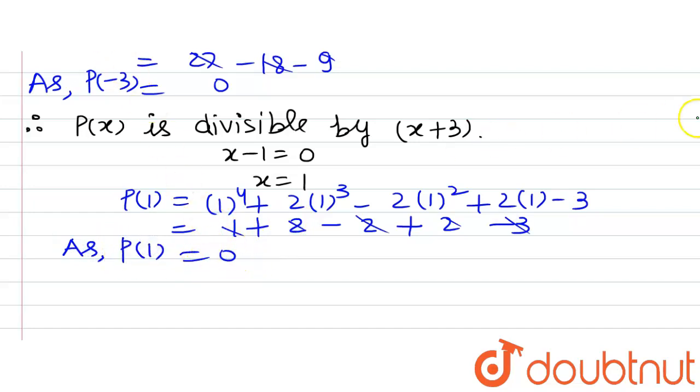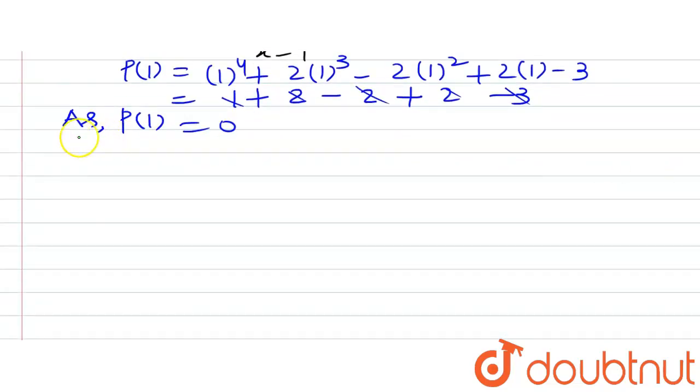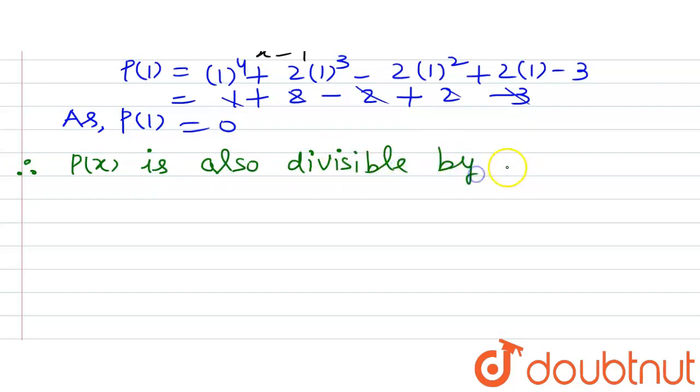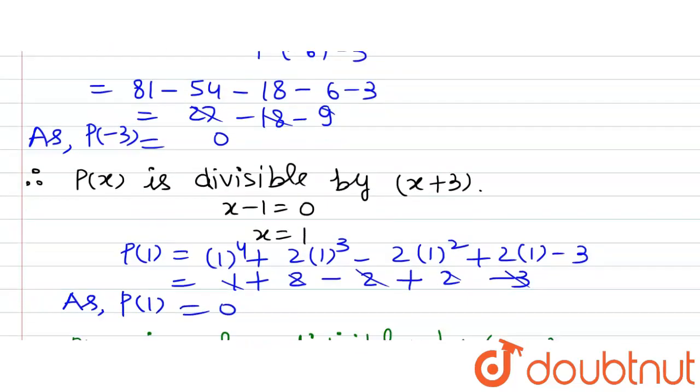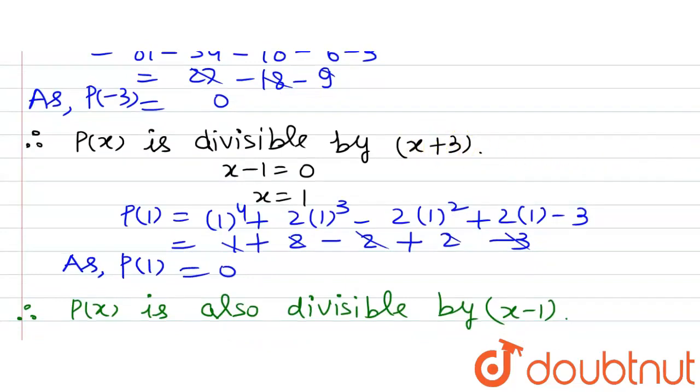So we can write that therefore the polynomial p(x) is also divisible by x minus 1. So now we have proven that the polynomial is divisible by x minus 1 and also divisible by x plus 3.